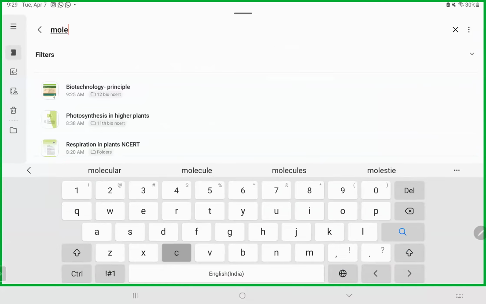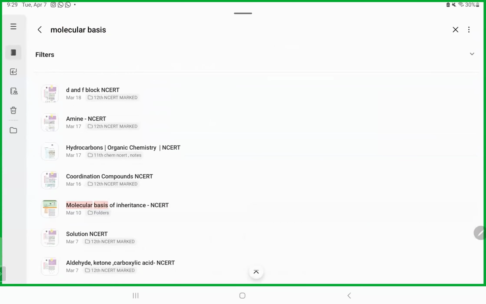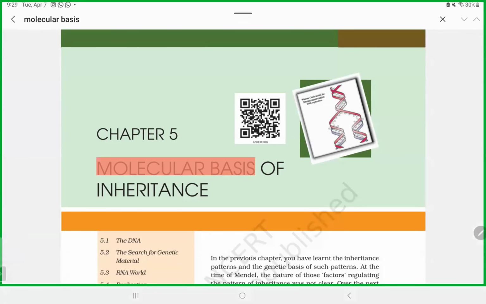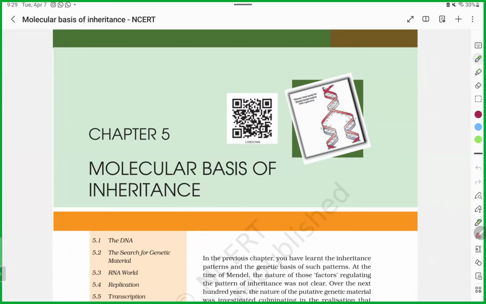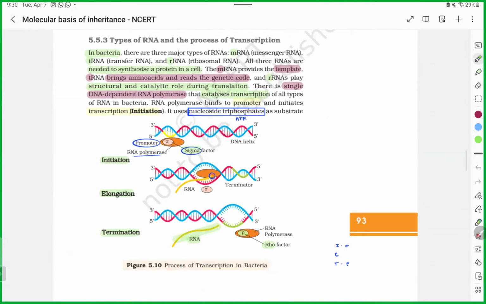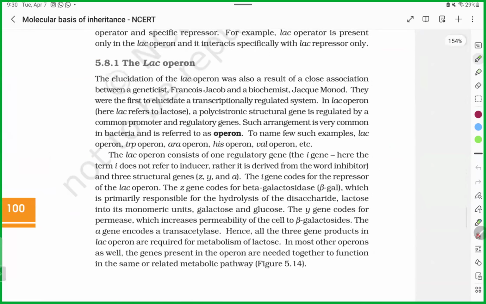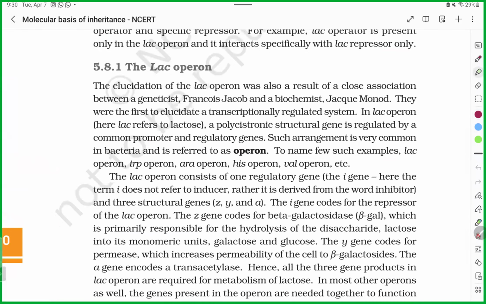Molecular basis of inheritance will directly lead to lac operon. Lac operon we did recently, very important.